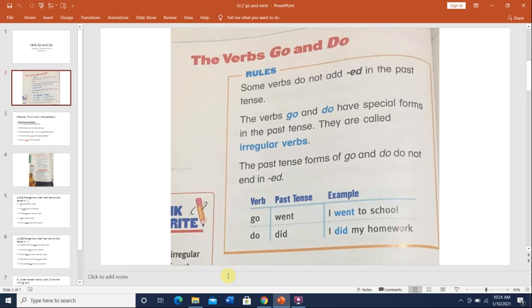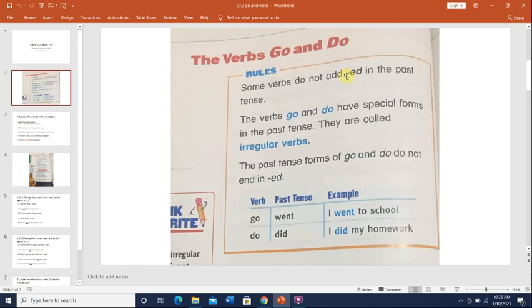So today's lesson is about the irregular verbs go and do, okay? As we've learned before, irregular verbs are verbs that don't follow the rule. When we change a verb to the past tense, remember, past tense means something that already happened, we usually add ed to the verb, like play, played, stop, stopped, travel, traveled, plant, planted.